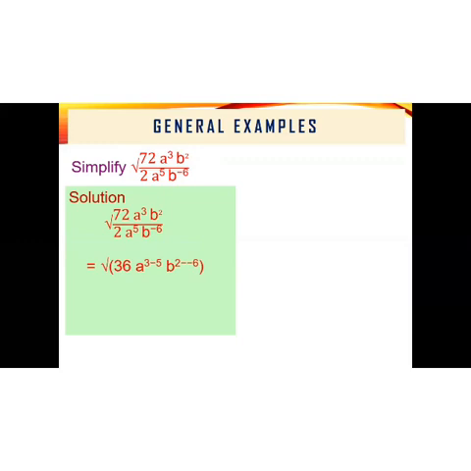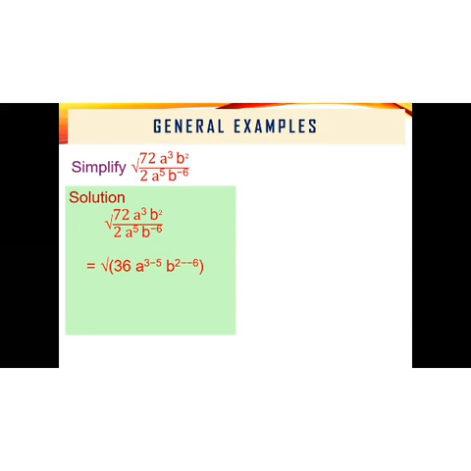Okay, we're going to start dividing. Then we have a at the numerator and at the denominator, so we'll subtract the powers since it's division. So a raised to the power 3 minus 5, then b raised to the power 2 minus minus 6. Take note that there's a minus already in the b in the denominator. So b raised to the power minus 6.